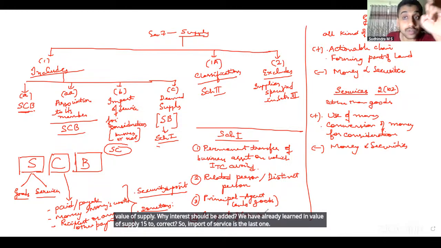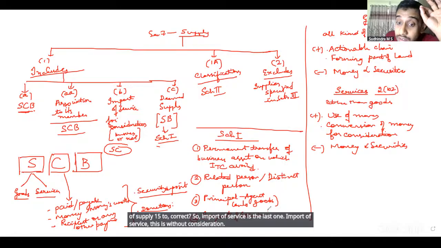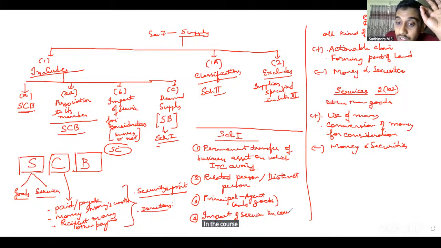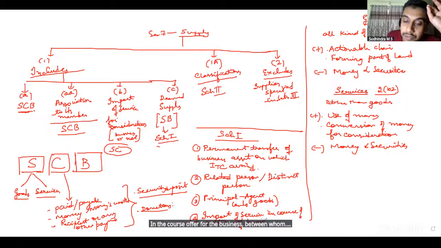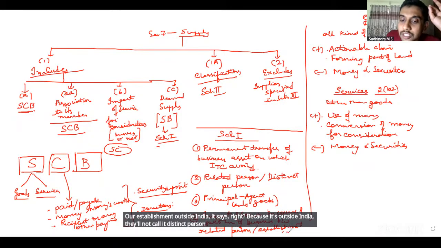Import of service is the last one. This is without consideration, in the course of business, between whom? Related persons, distinct persons, or an establishment outside India. Because it is outside India, they will not technically call it distinct persons.